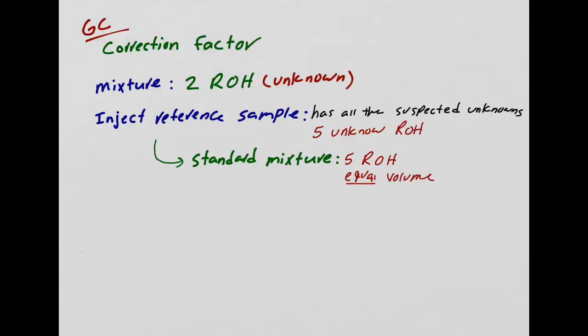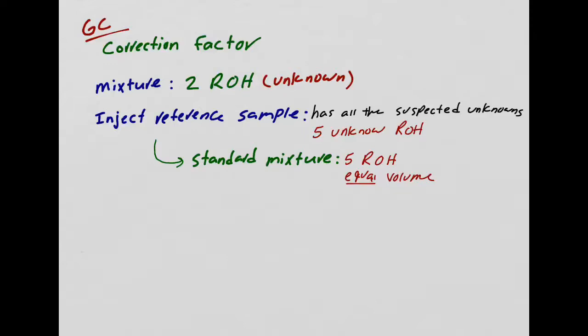We said that GC is very sensitive. We need to apply a correction factor so we can directly compare the quantities. Now, when I inject a reference sample, a standard mixture, it has 5 alcohols, yours is 2 of those, and in this mixture I have equal volume of all the alcohols.